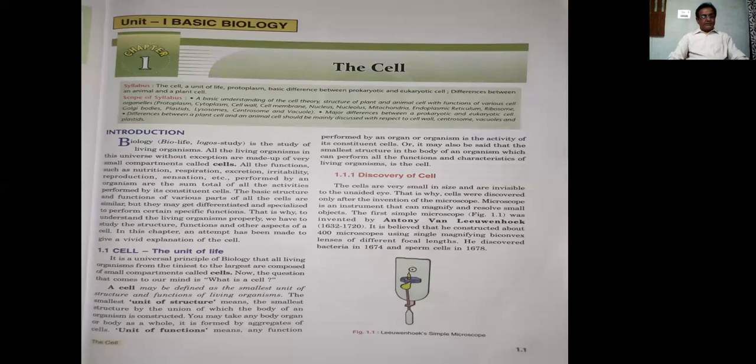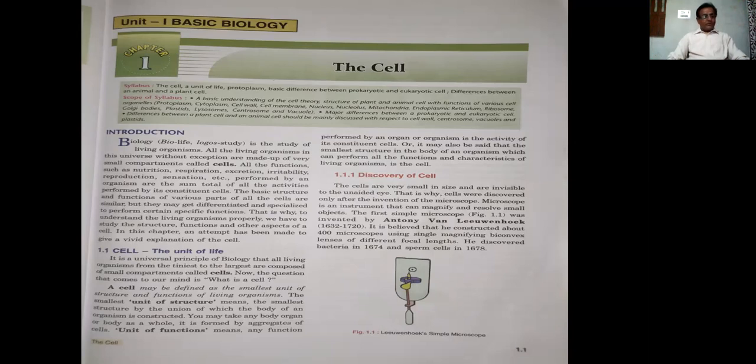Later, a number of biologists came forward, and then we know a lot of things about it. So the contribution of Leeuwenhoek and Robert Hooke is great. At that time, there was no sufficient knowledge.